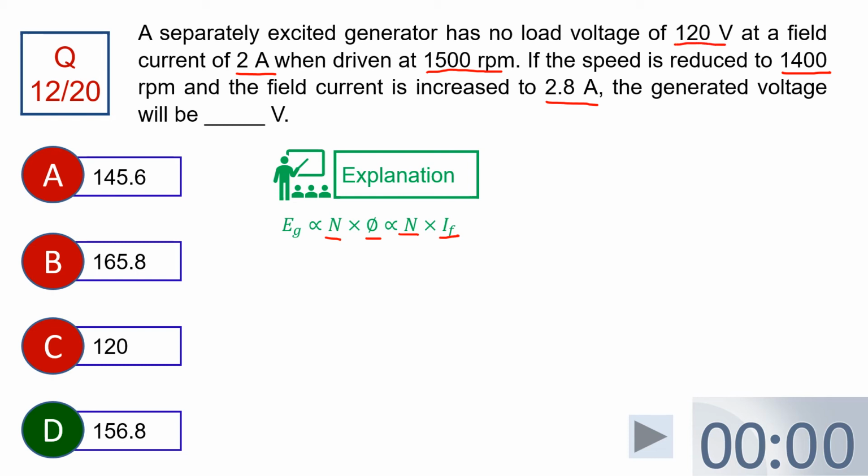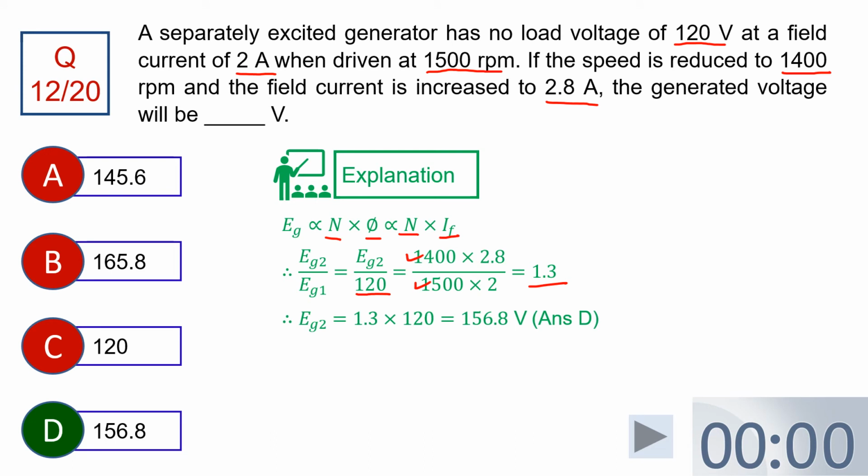So now we can write Eg2 upon Eg1, Eg1 is 120, which is equal to 1400 into 2.8 divided by 1500 into 2. So it is equal to 1.3, and therefore Eg2 must be equal to 1.3 into 120, that is 156.8 volt, and therefore option D is the correct answer.